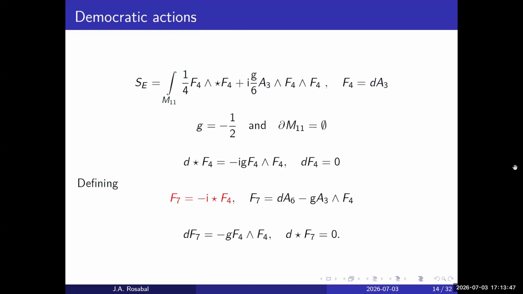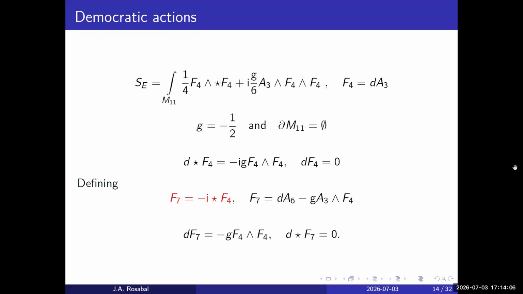But first, let me introduce what is the democratic theory. This is the original formulation, and by M theory, I mean just the supergravity, the 11-dimensional supergravity. The classical formulation is formulated in terms of A3 only.